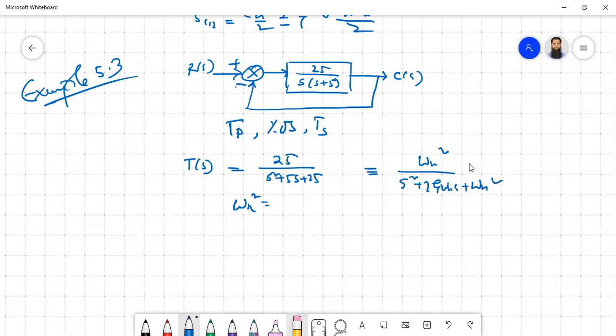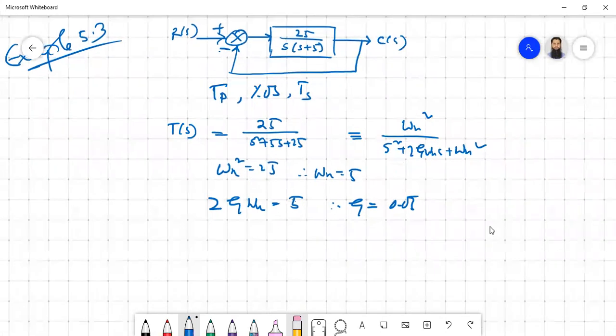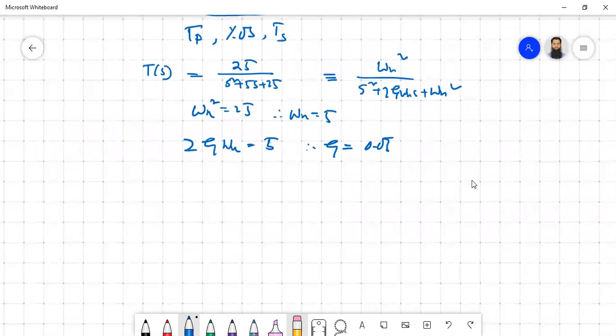So omega n square is equal to 25. That gives us omega n equal to 5, and twice zeta omega n equal to 5, from which we can find the value of zeta, that is 0.5.